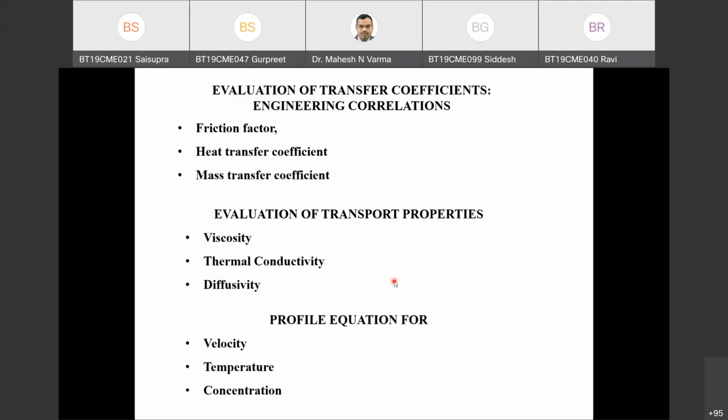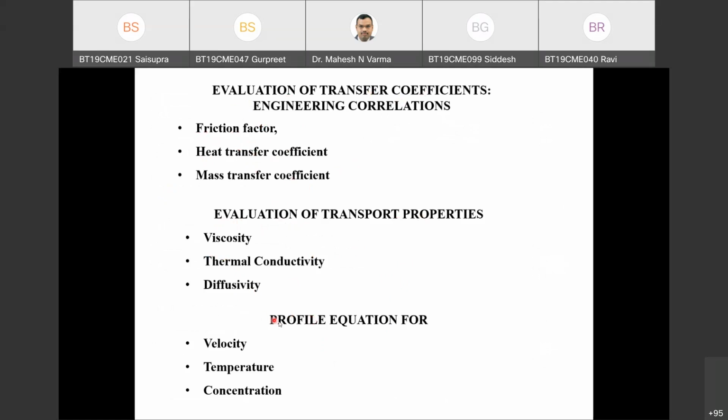So now this is what our remaining topics are. We'll first discuss the evaluation of transfer coefficients: friction factor, heat transfer coefficient, and mass transfer coefficient. Thereafter we will discuss the evaluation of transport properties: viscosity, thermal conductivity, and diffusivity.